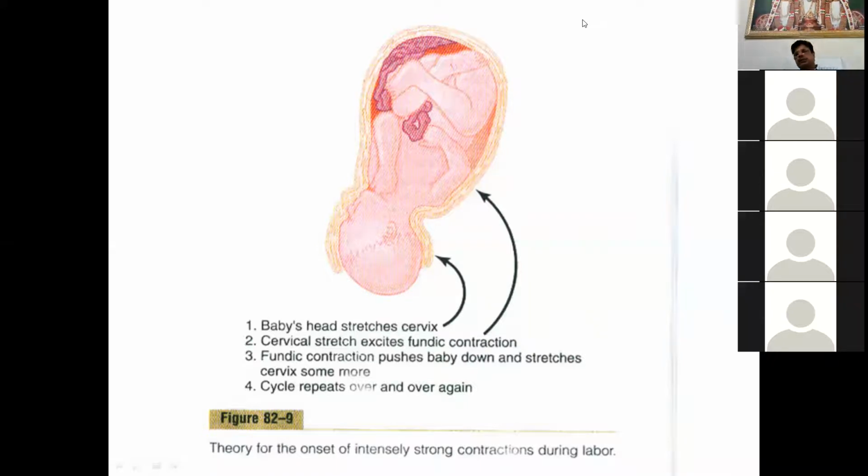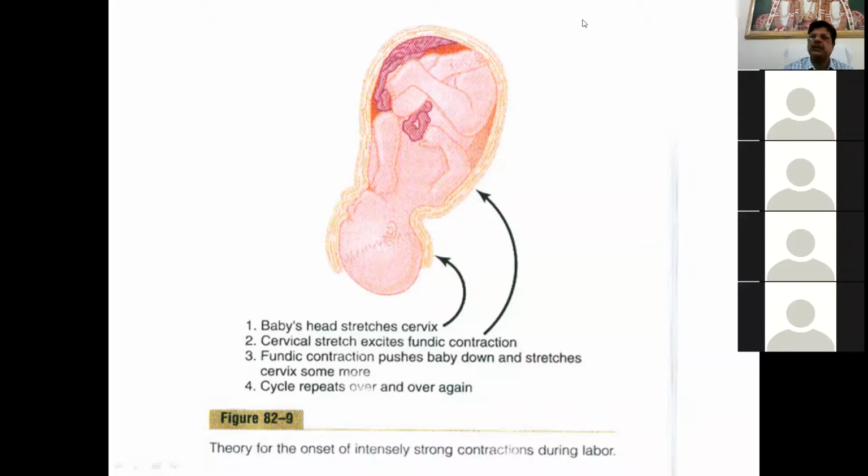Okay, so we started our discussion on the second of the two hormones released by the posterior pituitary, that is oxytocin. And we saw that the best way to remember the actions of oxytocin is to remember them as neuroendocrine reflexes. Both are in women.